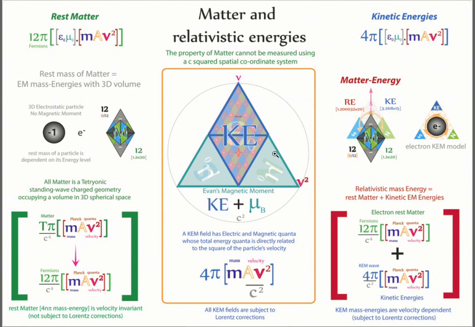But in both cases, as we add a force or energy momenta to the chem field, we create additional mass energies in the chem field, but the mass energy of the matter remains the same. Adding the two together, we can see that the Lorentz corrections for velocity apply only to mass energies within the chem field, but the combined mass energies of both the matter and the chem fields gives us the relativistic mass energy of the system being studied.